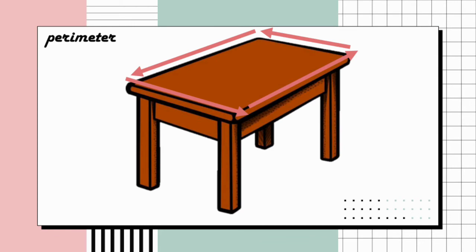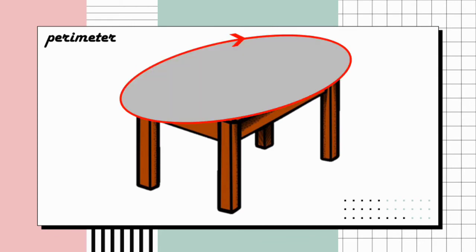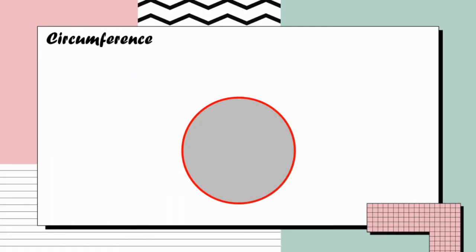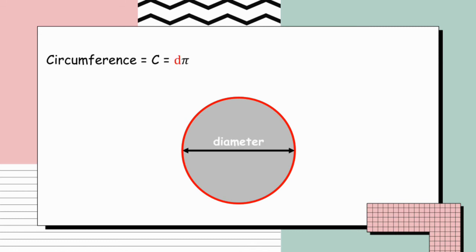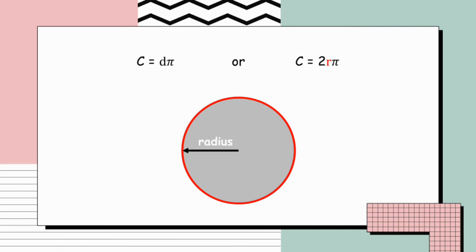Now, when we measure the perimeter of a curved object, we are measuring circumference. Circumference is calculated by multiplying the constant pi times the diameter of the circle. C equals D times pi, or C equals 2R times pi, where D is the diameter, R the radius, and pi is 3.14.